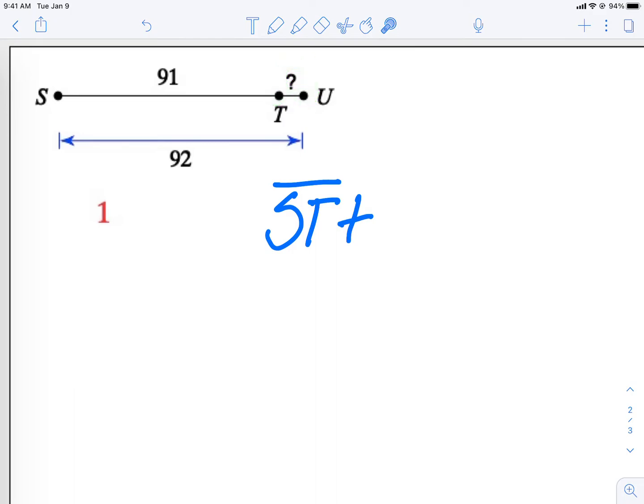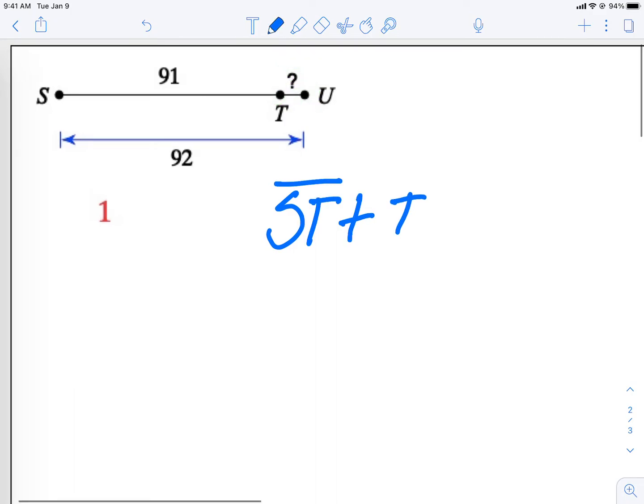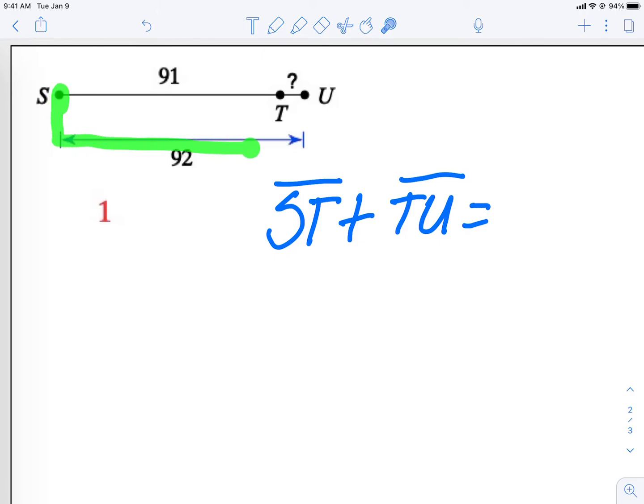It says question mark. So that segment TU is equal to the long segment, which goes from S all the way over to U, and we know that's 92. So SU is the long segment. Now we substitute, right?